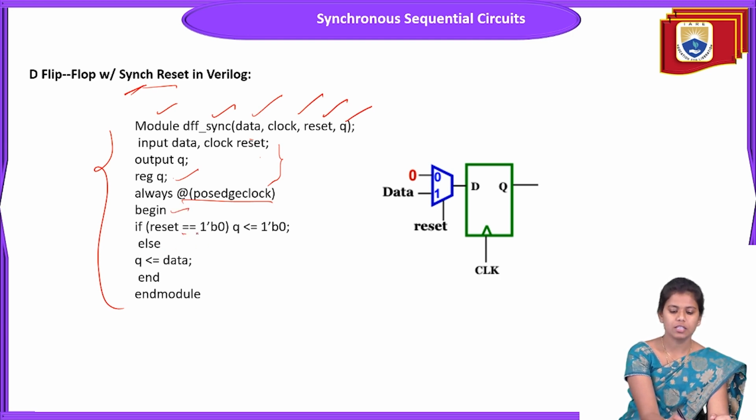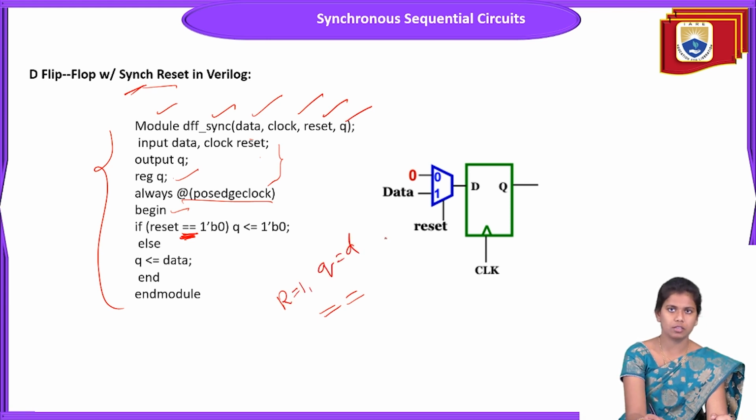Okay, if reset, this is nothing but the case operator. So case operator represents double equals to. So if reset double equals to 1, then the output goes Q less than or equals to 1. Else, Q less than or equals to data. That means if reset is 1, then Q is equals to 1.